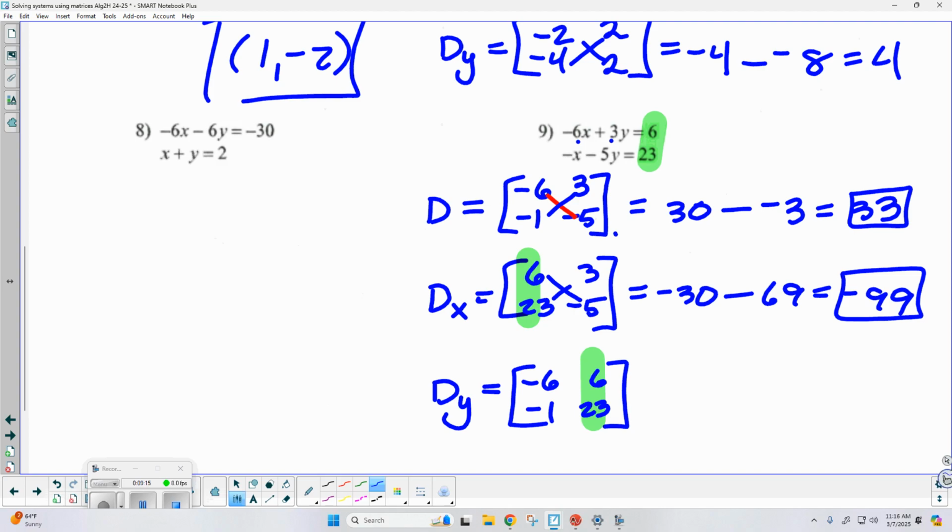See if you can find me the determinant for D sub Y. But don't say it out loud just yet.